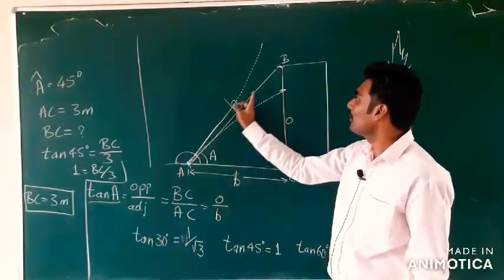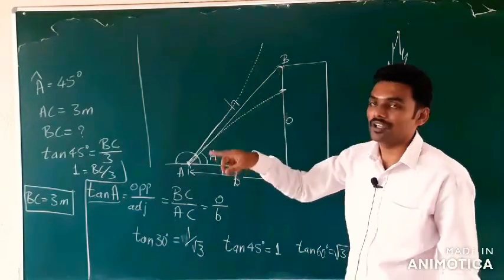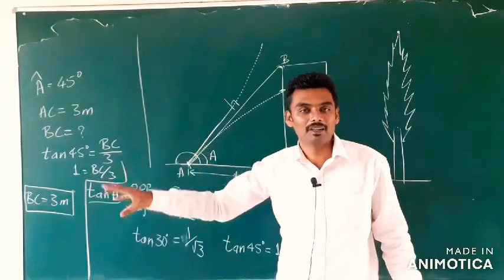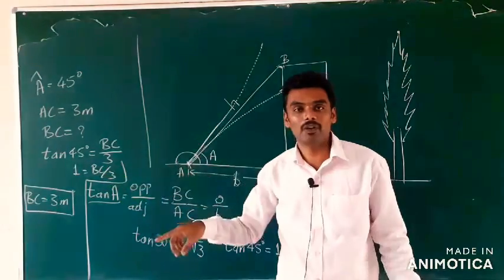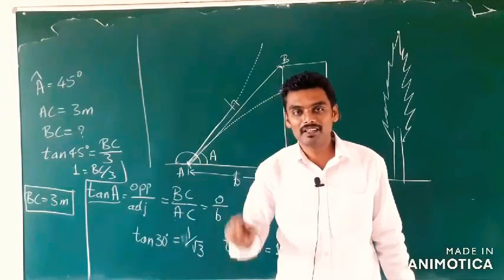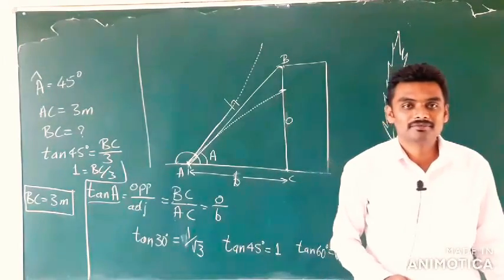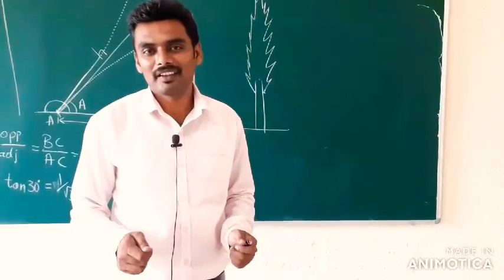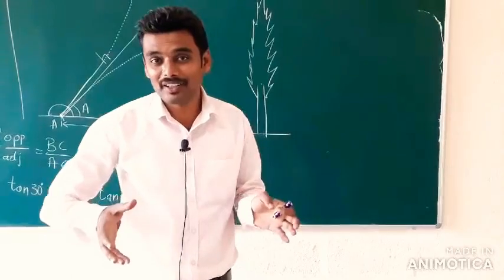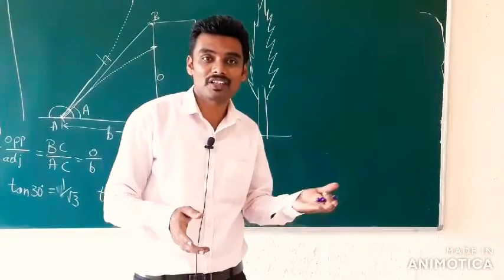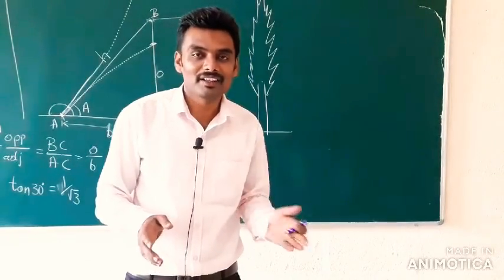So the light always travels in a straight line. That is why the theoretical observation and the practical value of the height of the wall are the same. Clear? Good.